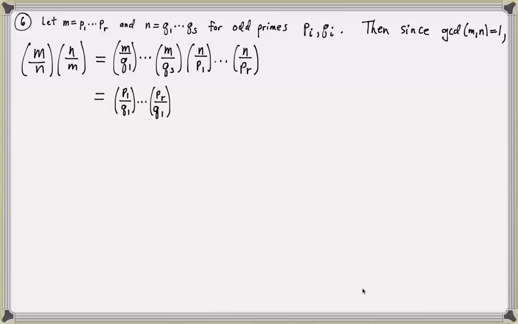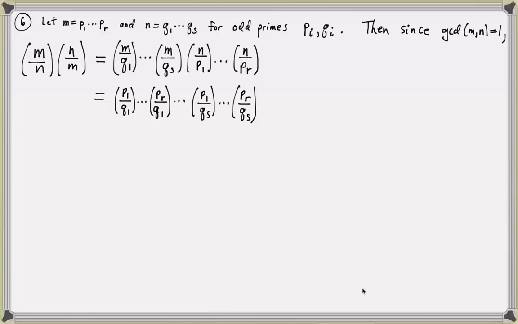So that is m over q1. And I do this for each of the m over the q's until I get up to p1 over qs times up to pr over qs. So now I've broken up all the m over q's.